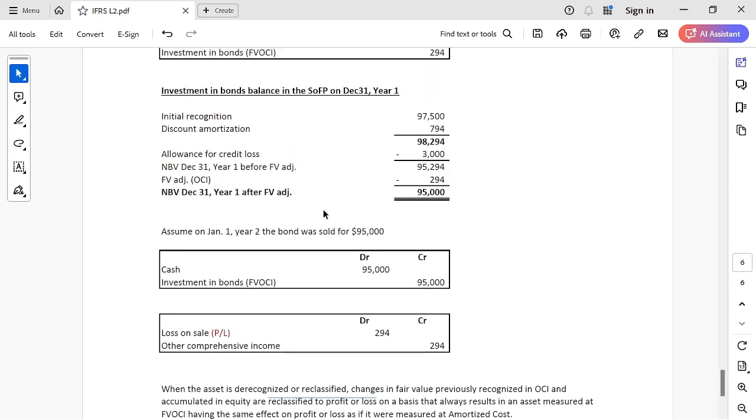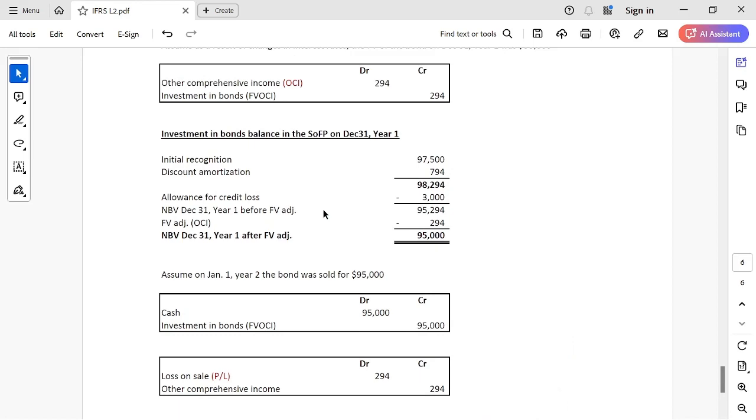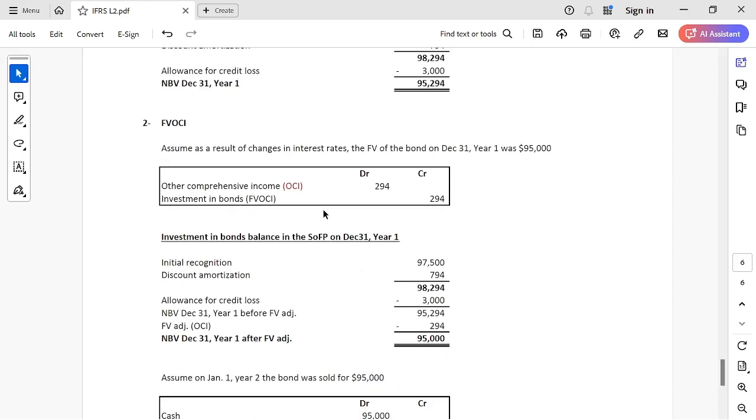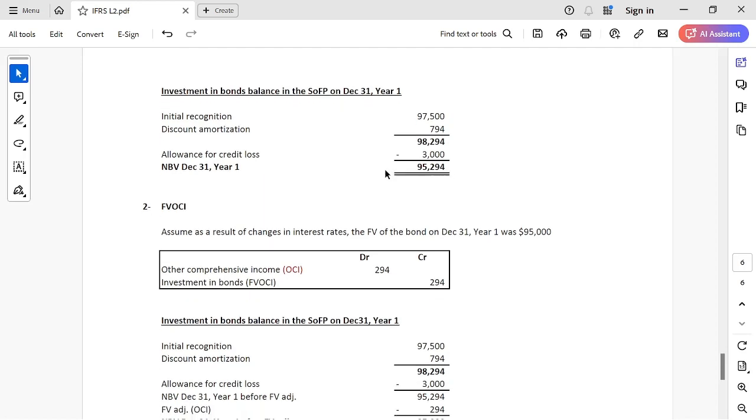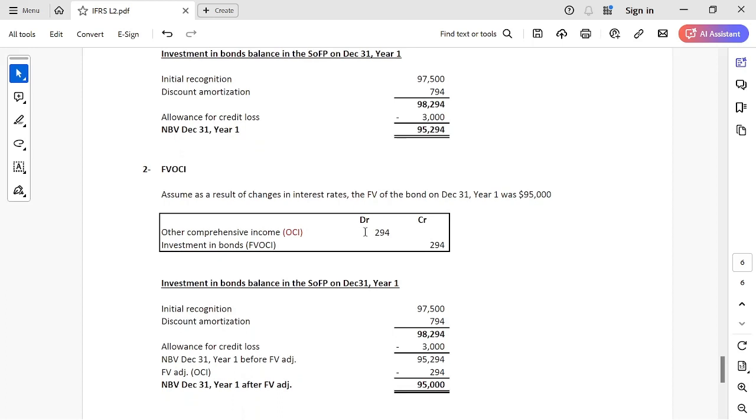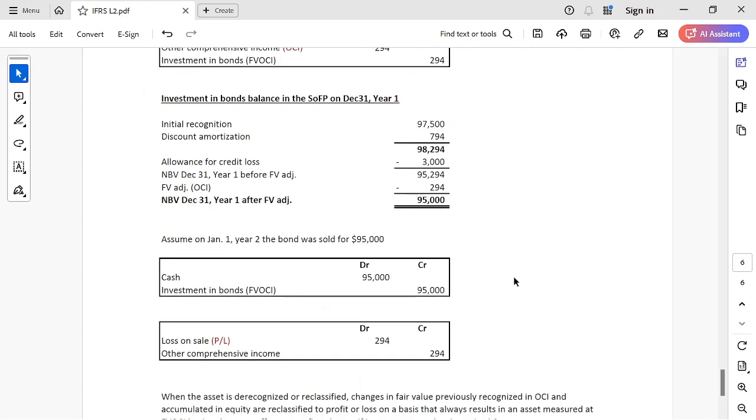So let's see what happened here when we use the fair value OCI. This allowance, by definition, goes to profit or loss. The amount of this unrealized loss that was in OCI, 294, was reclassified on sale to profit or loss, 294.